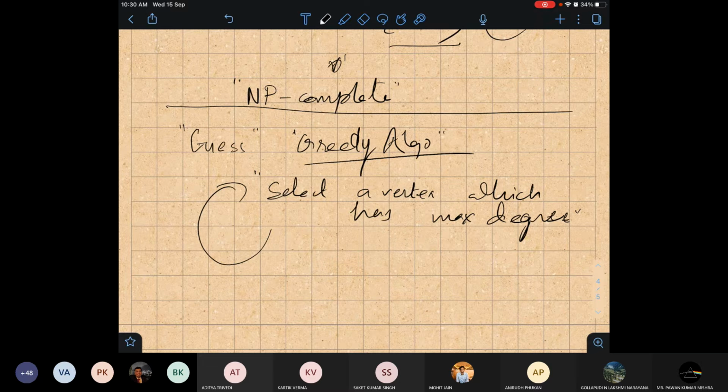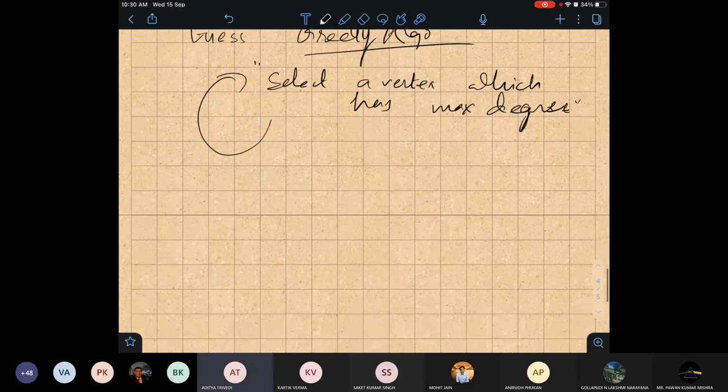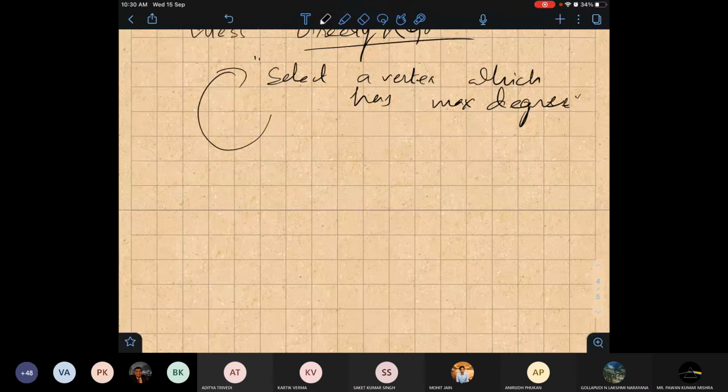So this is a good greedy algorithm, the first thing that comes to our mind. Find a node which has maximum degree, and keep repeating it until we get a good solution.